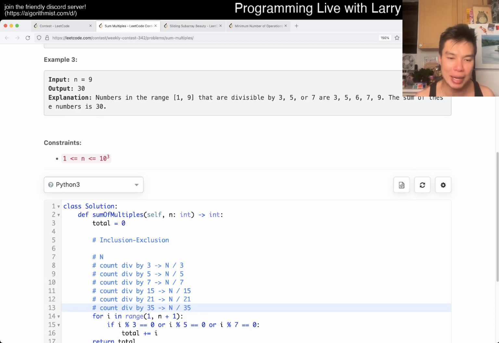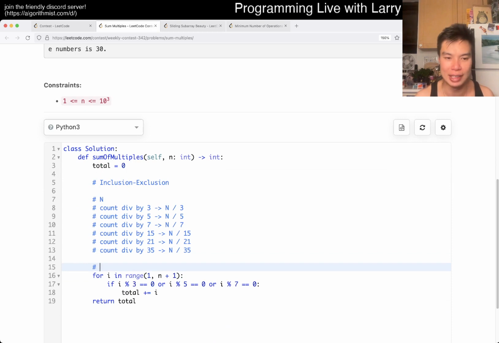So what we have right now is n over 3 plus n over 5 plus n over 7 minus n over 15 minus n over 21 minus n over 35. And of course, we're subtracting out too much because there is a number that could be used by all of 3, 5, and 7. 3 times 5 times 7 is 105, right?